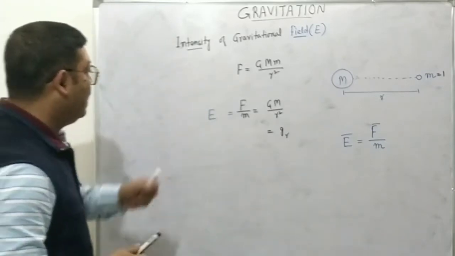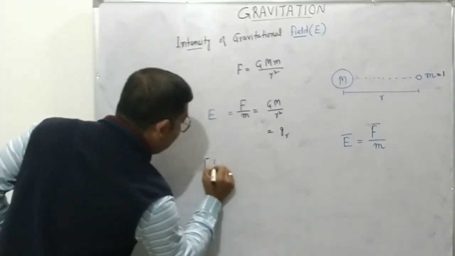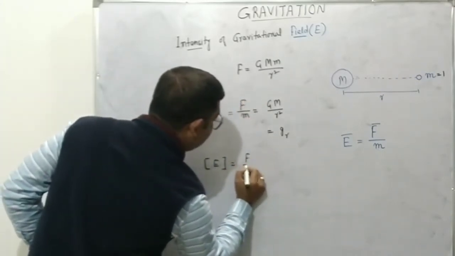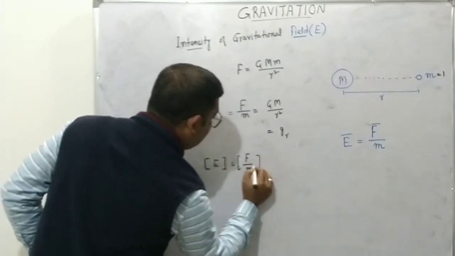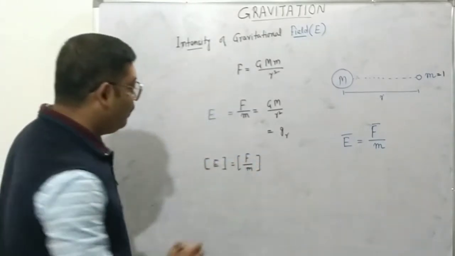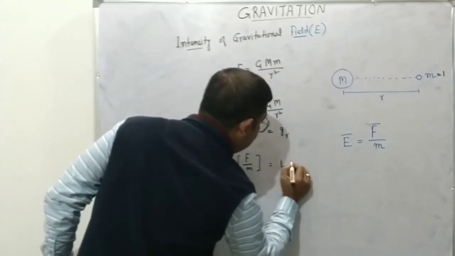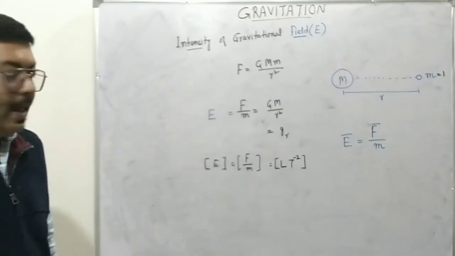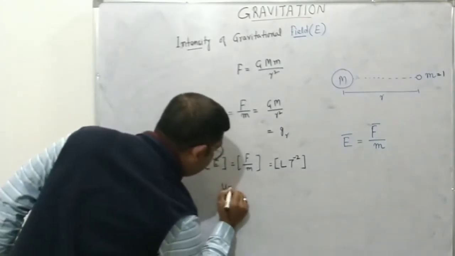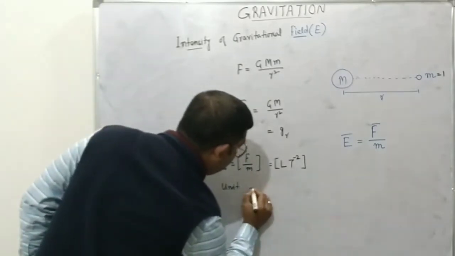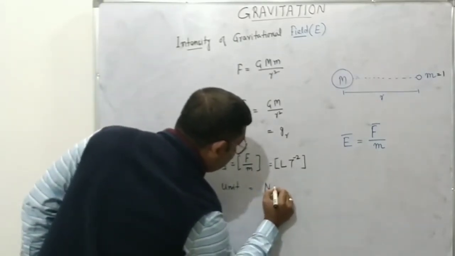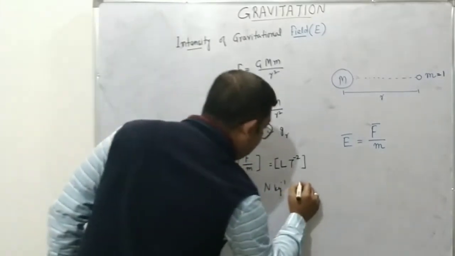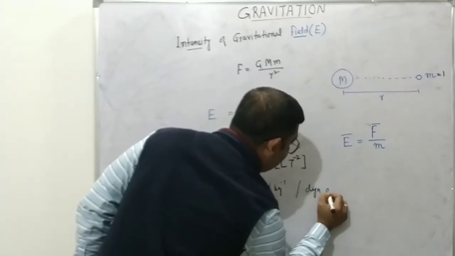For example, if I have to find the dimensional formula of E, it will simply be the dimension of F by m, which is MLT to the power minus 2 divided by M. So we are left with LT to the power minus 2, and the unit of gravitational field will be given by Newton per kg, since it's force per unit mass, or it will be given by dyne per gram.